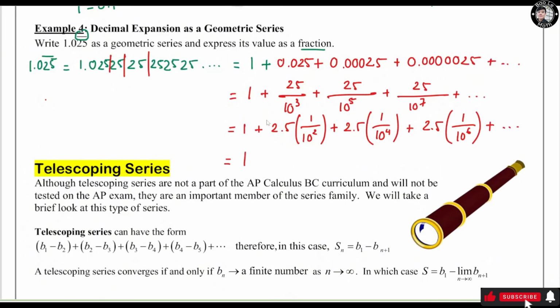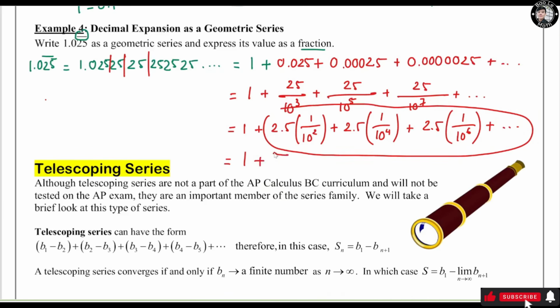Now look at this part right here. Actually, it's going to be a geometric series. So it's going to be plus the sum when n goes from 1 to infinity of 2.5 times 1 over 100 to the n. Now we're going to populate this one.